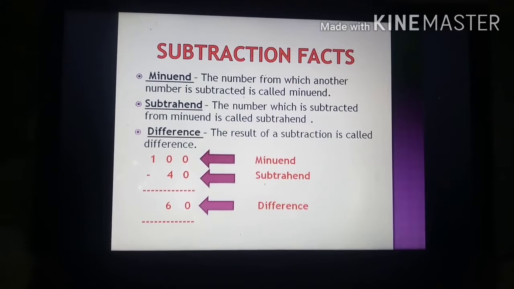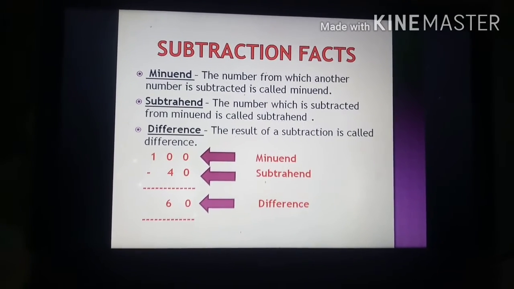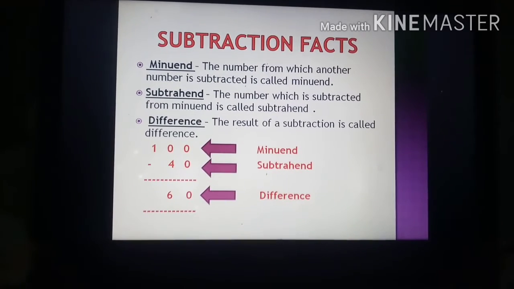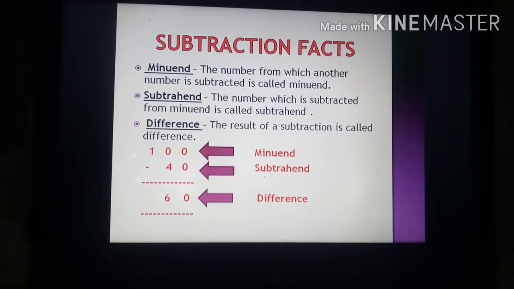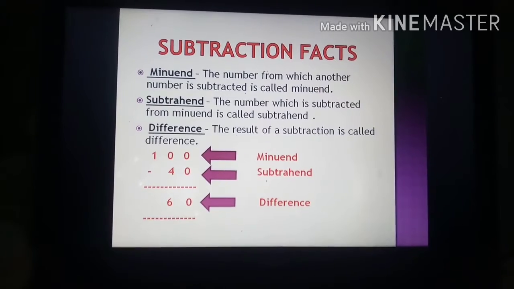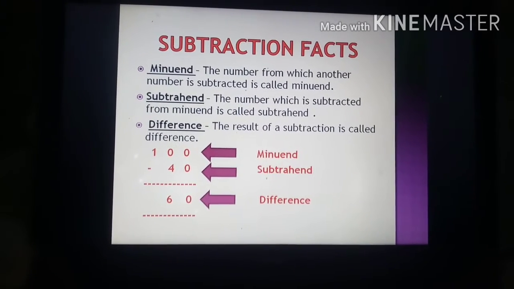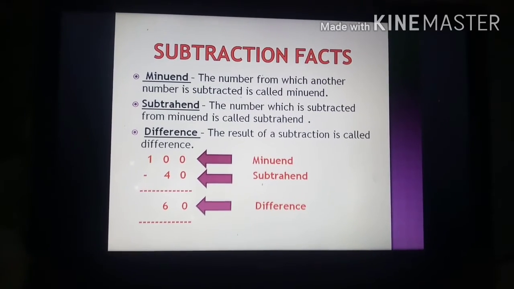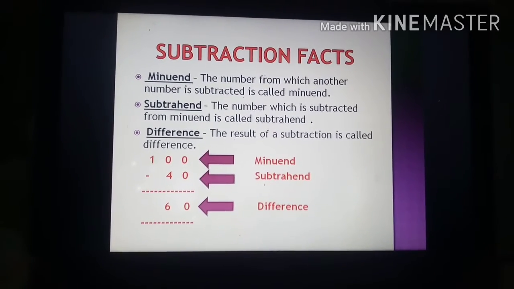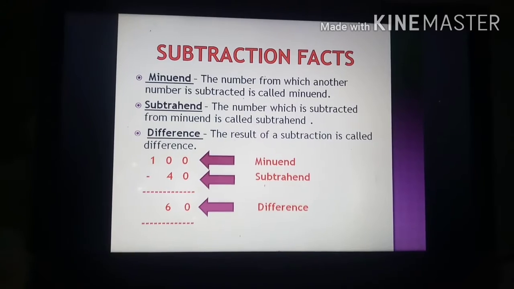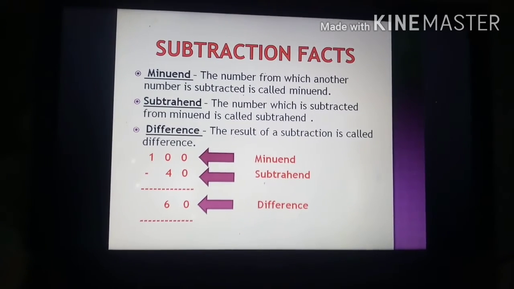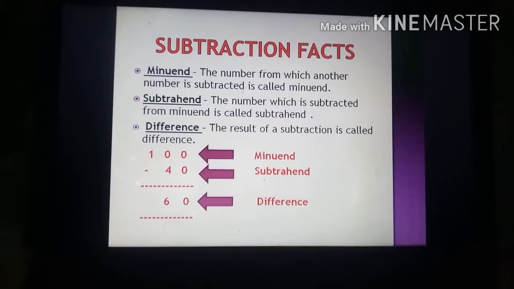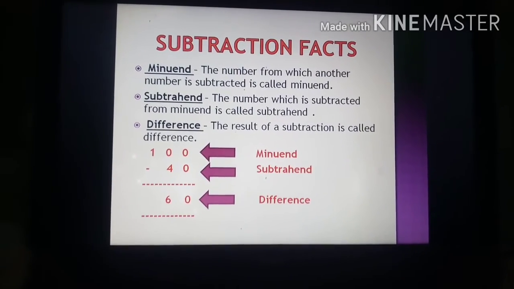Here, let's have an example. 100 minus 40. We have to subtract 40 from 100. While doing subtraction, we always write the bigger number first and the smaller number next. So here 100 is the minuend and 40 is the subtrahend.